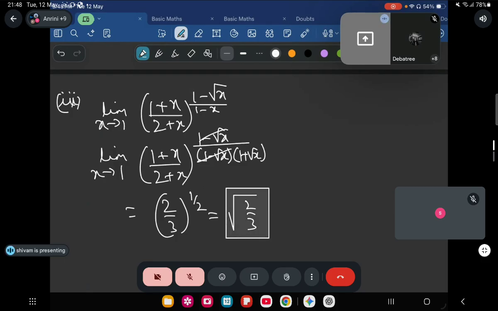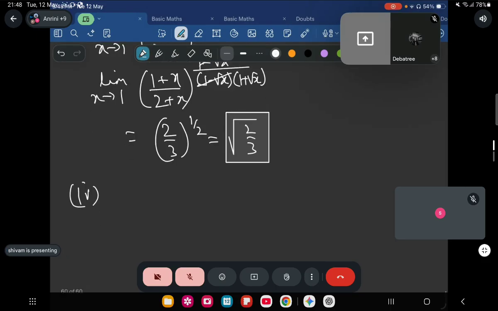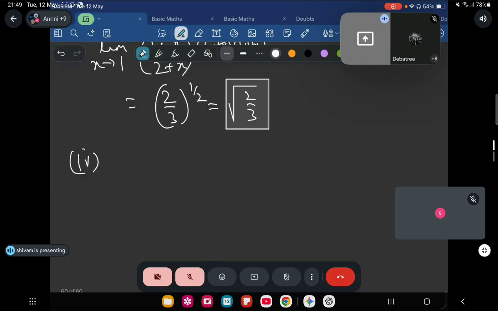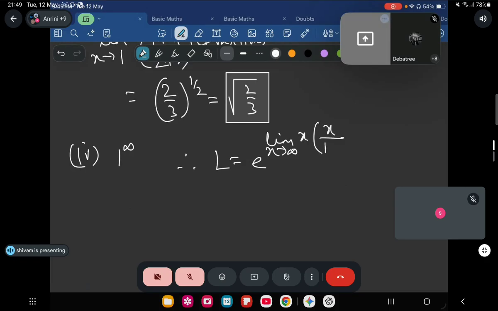Okay. Next, part 4, everyone. Over here, you will see that when you substitute infinity, this is 1 to the power infinity form. So what you do is you apply e to the power. Therefore, limit is equal to e to the power limit x tends to infinity g into f minus 1, that is x into x by 1 plus x minus 1.